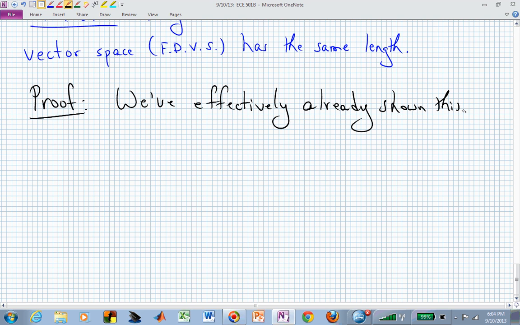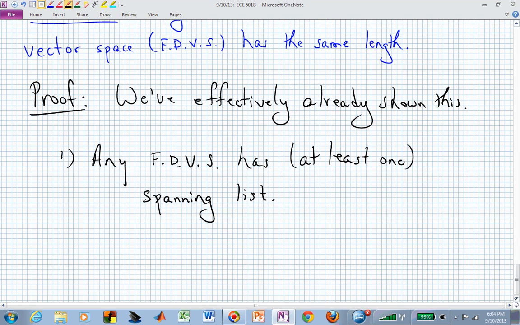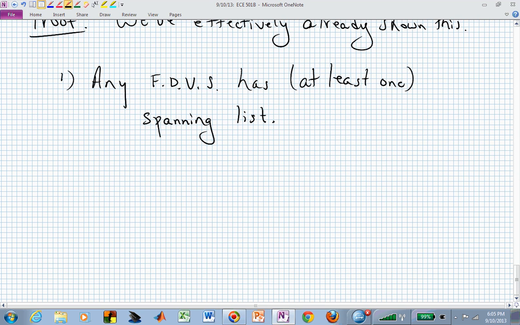The result of this theorem, or the statement of this theorem, we know, one, that a finite dimensional vector space, so any FDVS, any finite dimensional vector space has at least one spanning list. We can find a spanning list for any finite dimensional vector space.